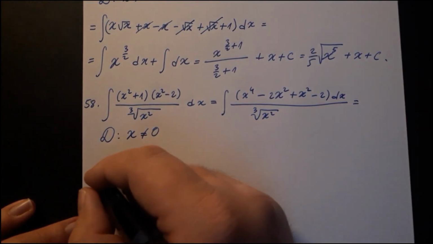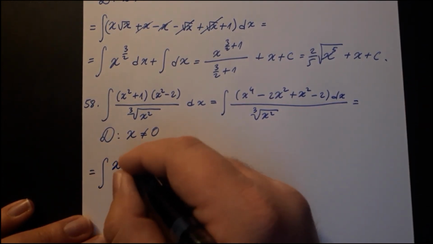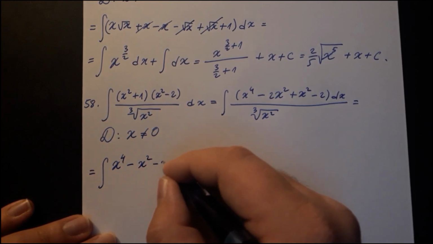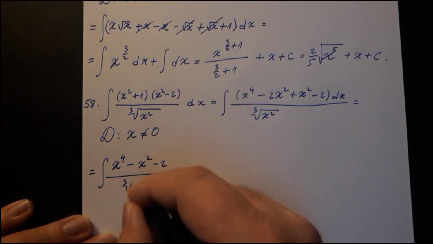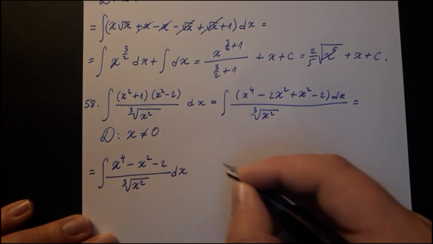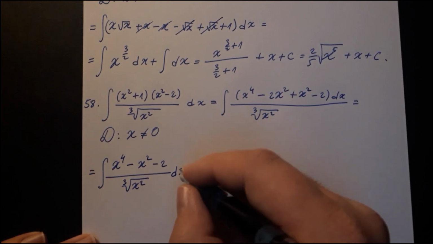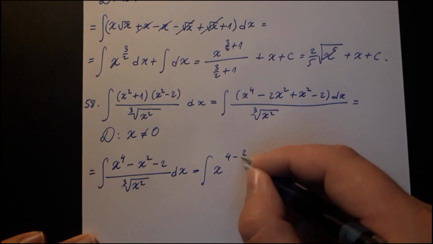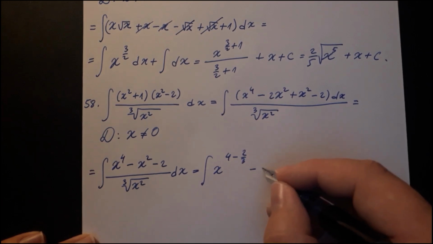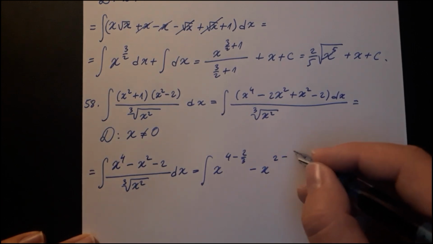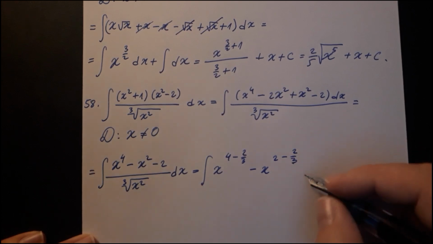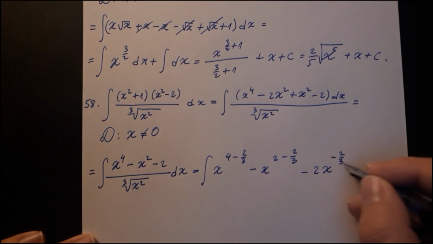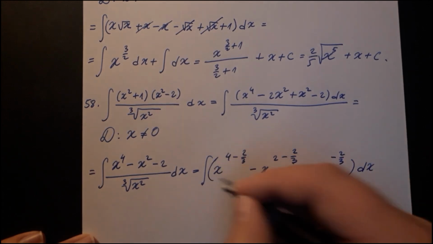So this integral is then equal to an integral of x to the 4th power minus x squared minus 2 divided by a cubic root of x squared dx. This is then equal to an integral of x to the power 4 minus 2/3 minus x to the power 2 minus 2/3 and minus 2x to the power negative 2/3 dx.